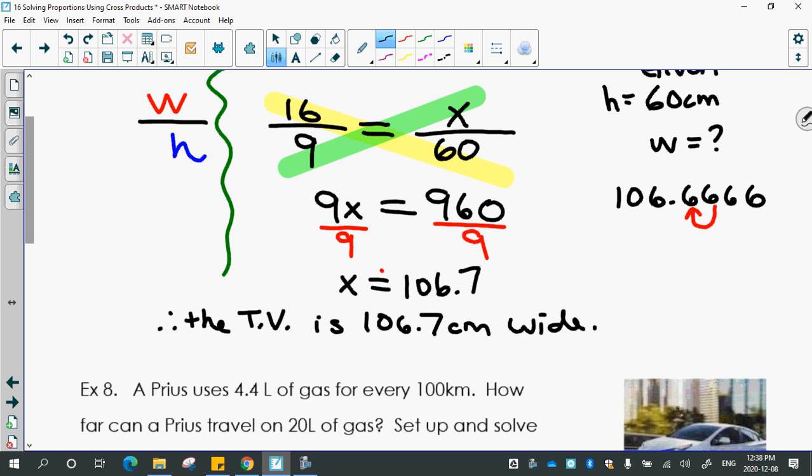Remember, I use this dot here. That means I rounded. Whenever I round, I put a dot there. Usually when you just solve the proportion, you'll get an exact decimal, but in some of the word problems, you probably have to round.